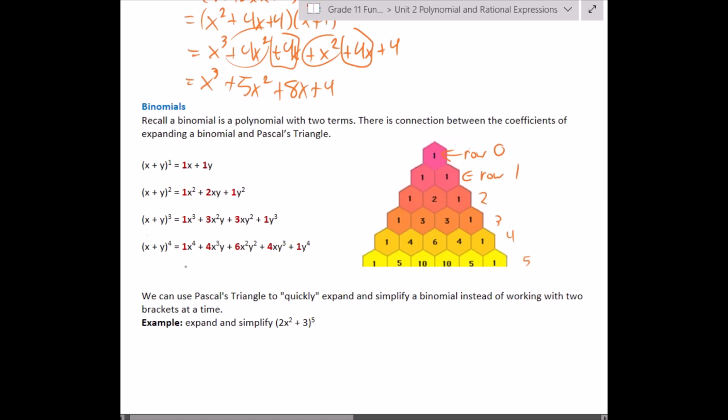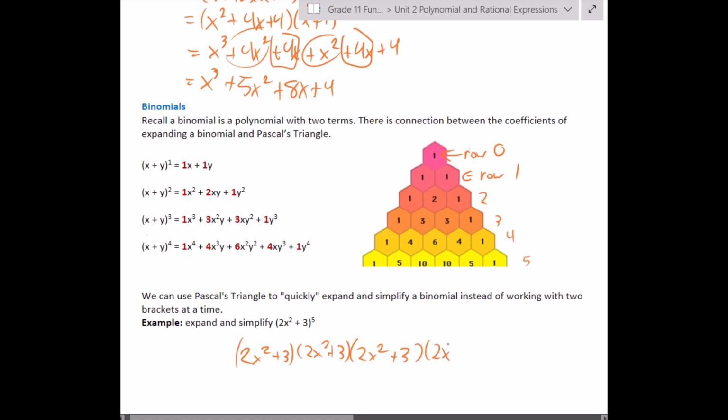Why is this helpful? Why would we use this to expand binomials? Because if you have, for instance, 2x squared plus 3 to the power of 5, that's 2x squared plus 3 times 2x squared plus 3 times 2x squared plus 3 times 2x squared plus 3 times 2x squared plus 3.